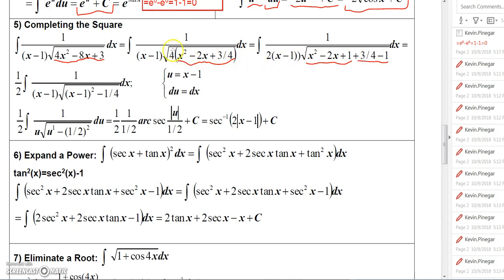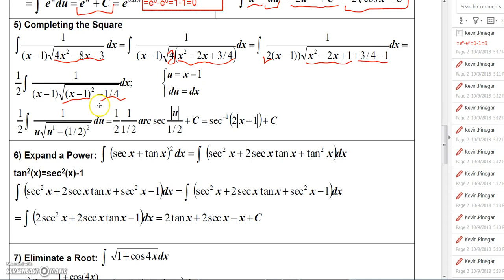Now if you're wondering where the 4 went, I took that out of the radical because the square root of 4 is 2. So I put that outside the radical. Now x squared minus 2x plus 1 can be written as x minus 1 quantity squared, and 3/4 minus 1 is negative 1/4.